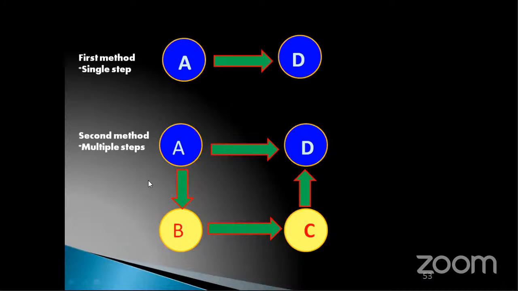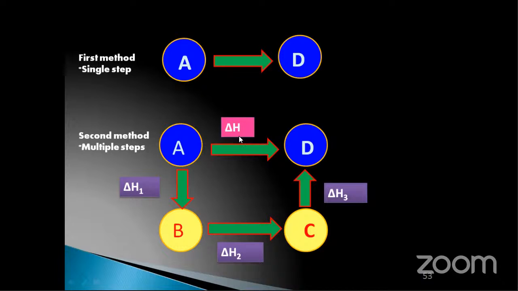And when we consider the enthalpy change for the reaction A to B is delta H1, B to C is delta H2, then C to D is delta H3, and when you add all these three, it gives you the enthalpy change that is delta H, which is exactly equal to the direct or single step method.